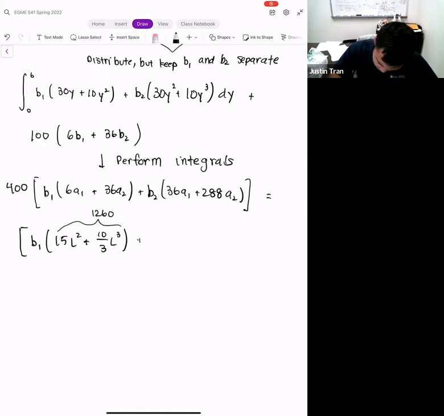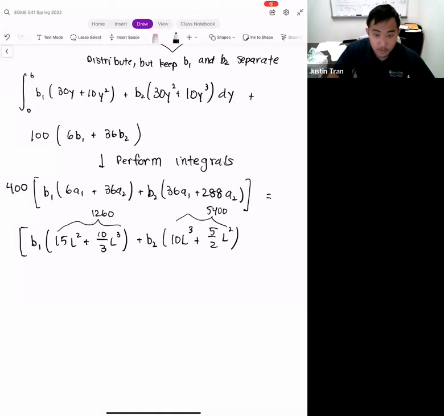Plus B2 times 10 L cubed plus 5 over 2 L squared. You plug in the numbers for this, and you get 5,400. So that's the body force term.